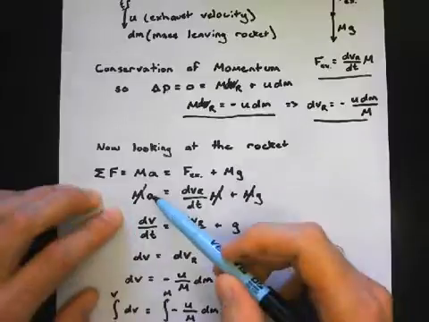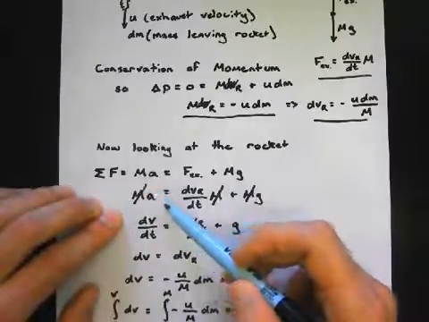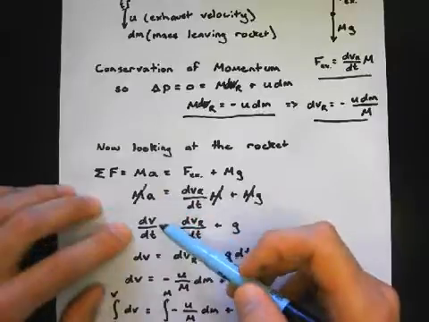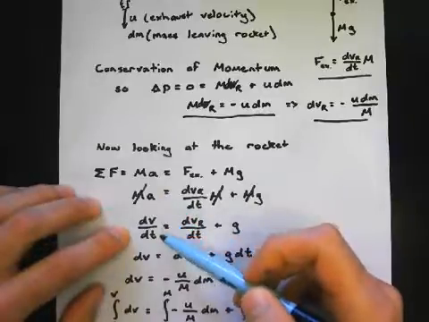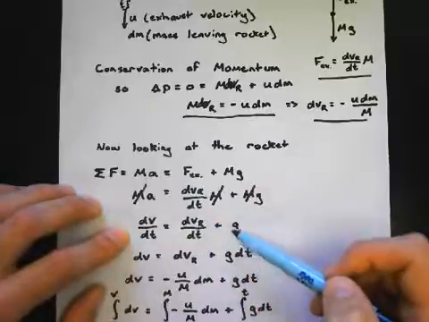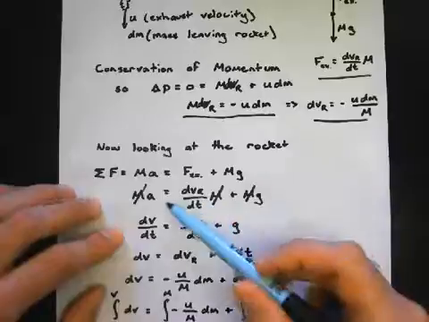Then we can also change acceleration into a differential representation. So we get dv over dt equals dvr over dt plus g.